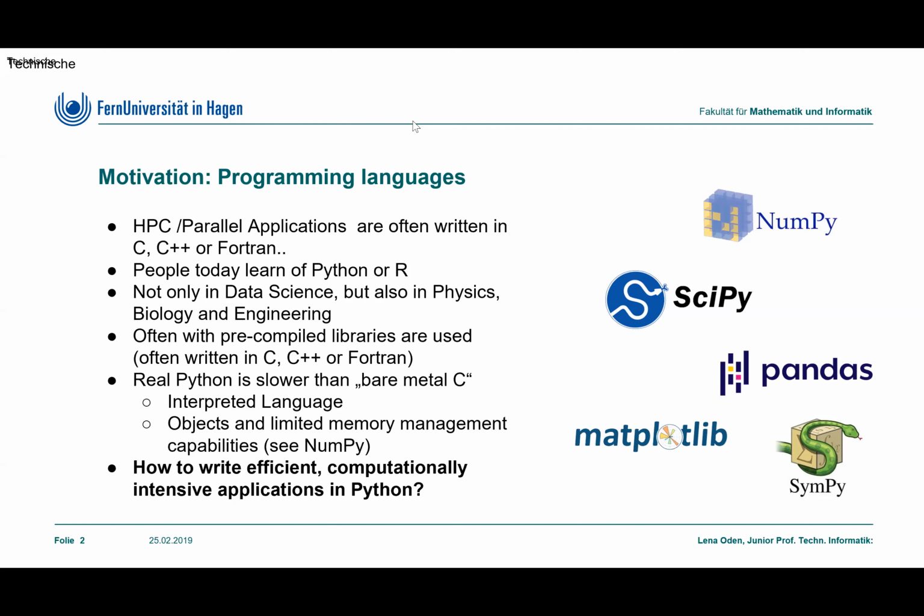And these are okay for performance. But if you really start to write applications in Python, it's much slower than bare metal C, because Python is an interpreted language, and you always have this object handling, which increases the memory footprint.